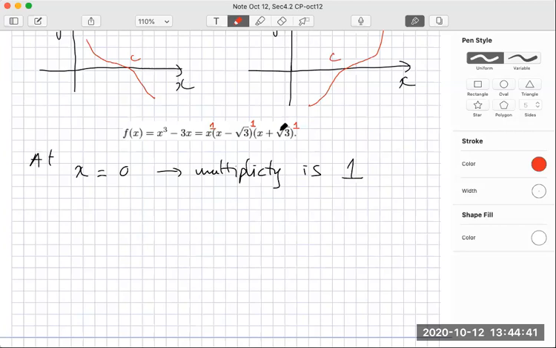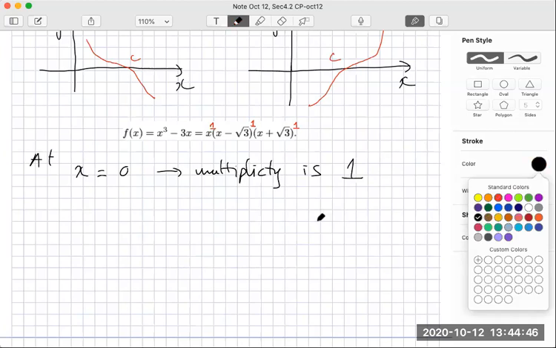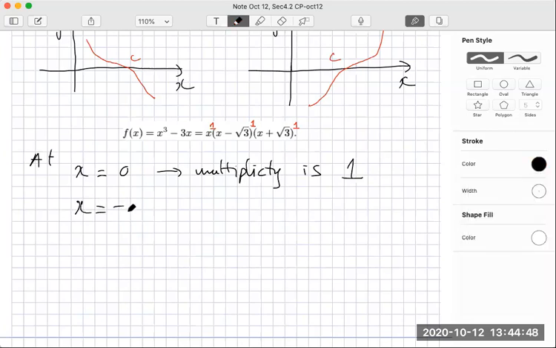So similarly, what is the multiplicity at x equal to negative square root of 3? What is it? Very good. And the same story with x plus square root of 3.